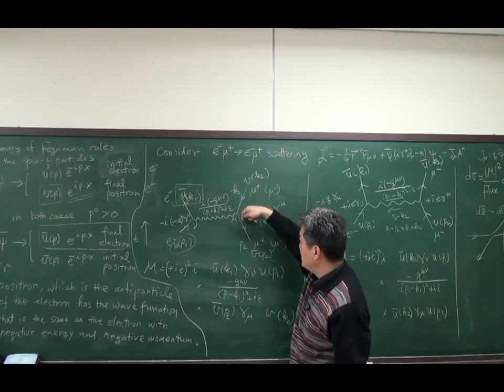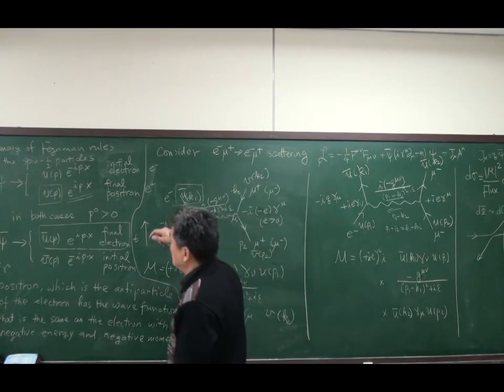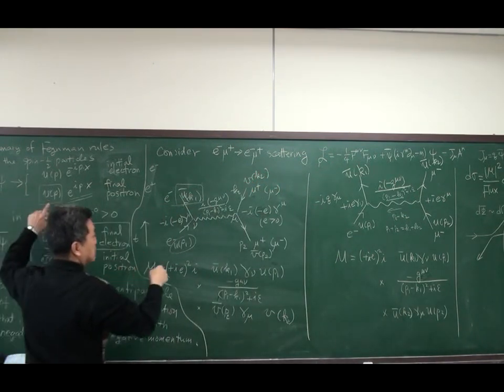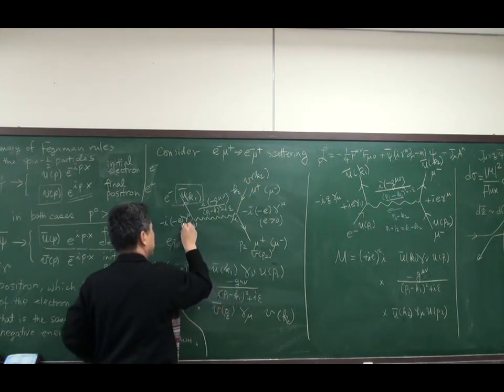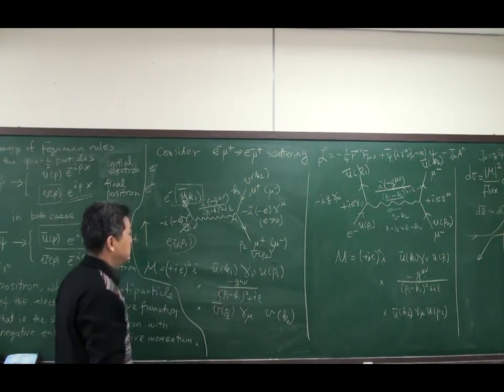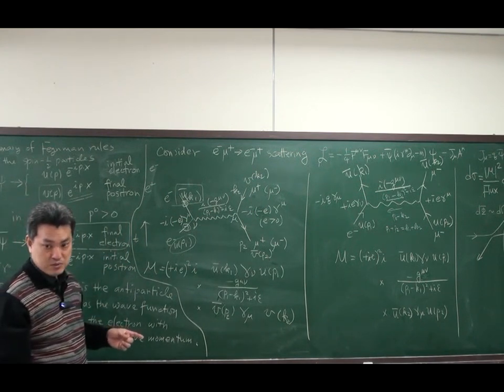So this line is just this one here. I have put arrows. This arrow means fermion flow.